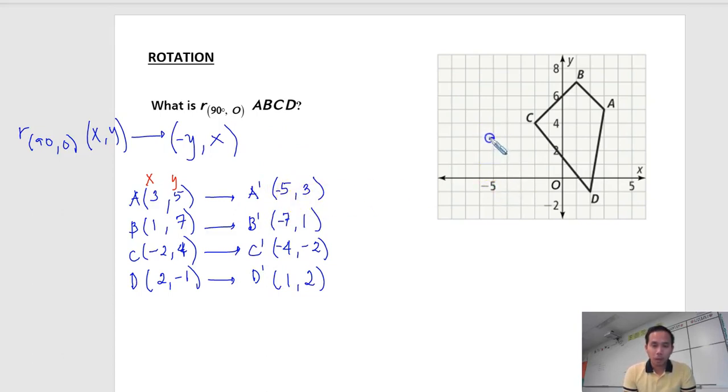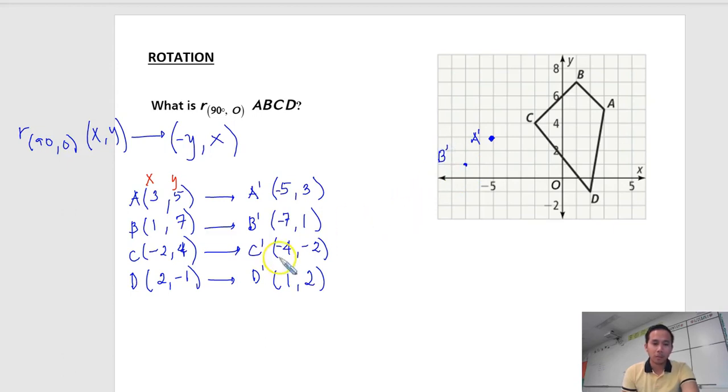This is now my A prime. B prime is negative 7, 5, 6, 7, positive 1. This is B prime.